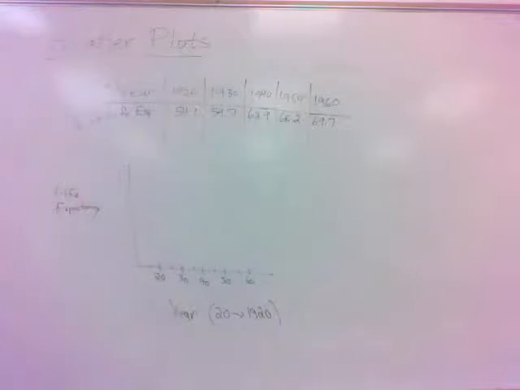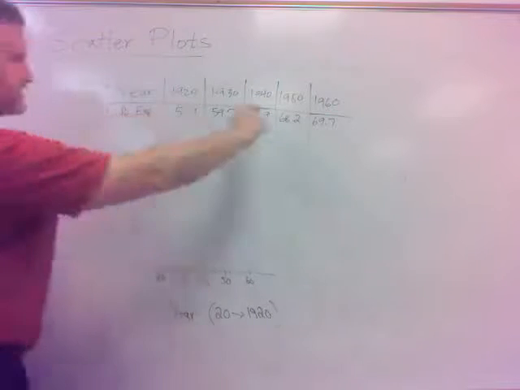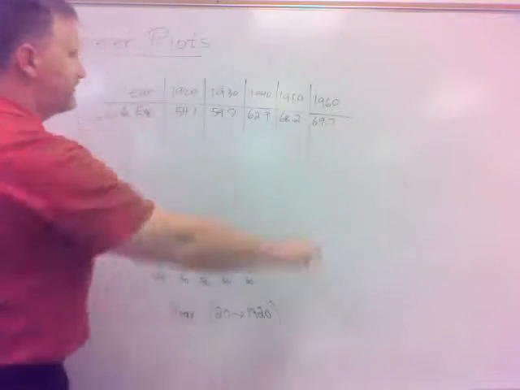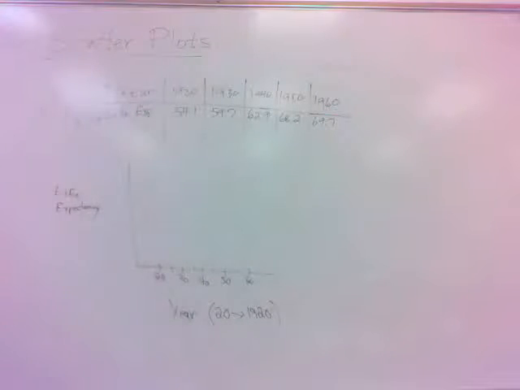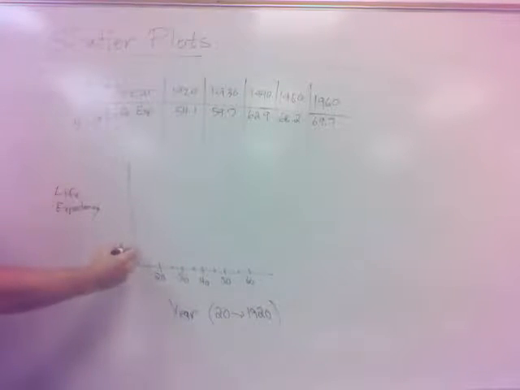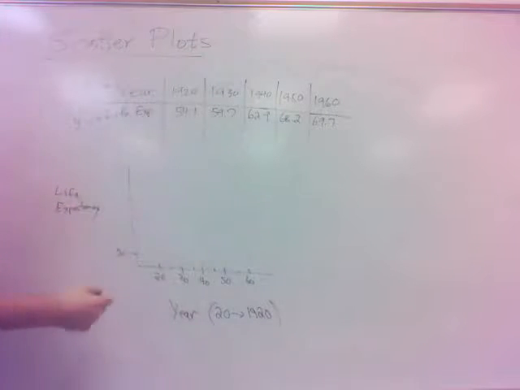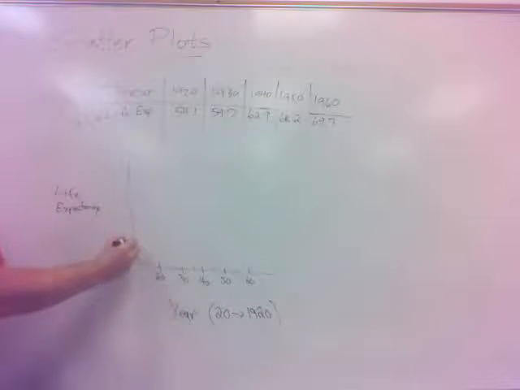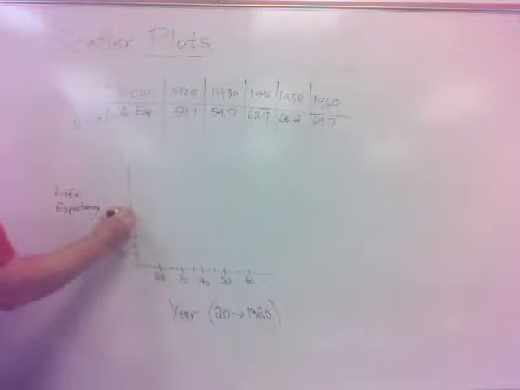The only thing is we need to denote here that 20 would go to the year 1920, something like that. Then on the y-axis here, I've got 54 basically to 70. So I don't want to say 1, 2, 3, 4, 5, 6, do I? Let's space that out a little more. Let's just start here at 50. And then I need to go up to 70. So let's go by increments of 2 maybe, 52, 54, 56, 58.